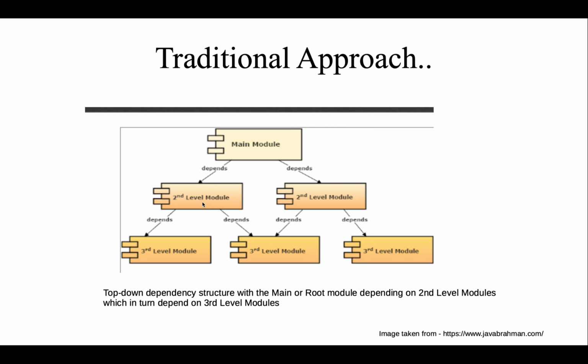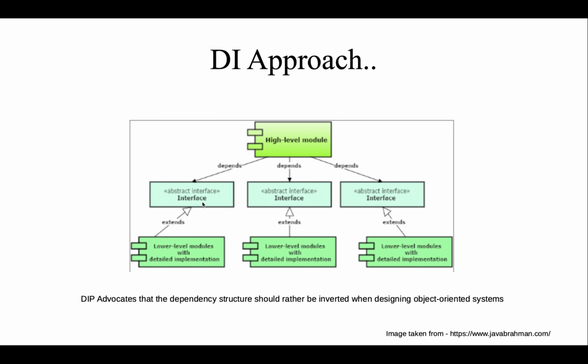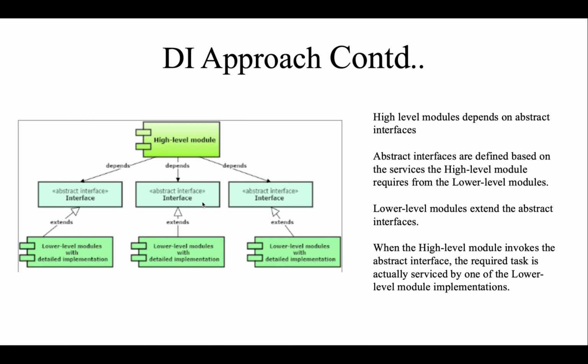When we jump into the object oriented approach, we should go ahead with the dependency inversion principle, wherein we have the higher level modules and the lower level modules. They both depend on one layer which we call a dependency layer, wherein we have the abstract interfaces. The high level modules depend on abstract interfaces, and our low level modules extend those interfaces.